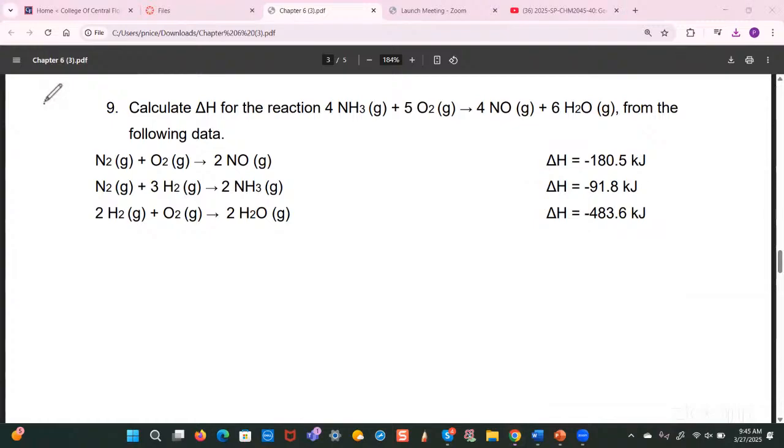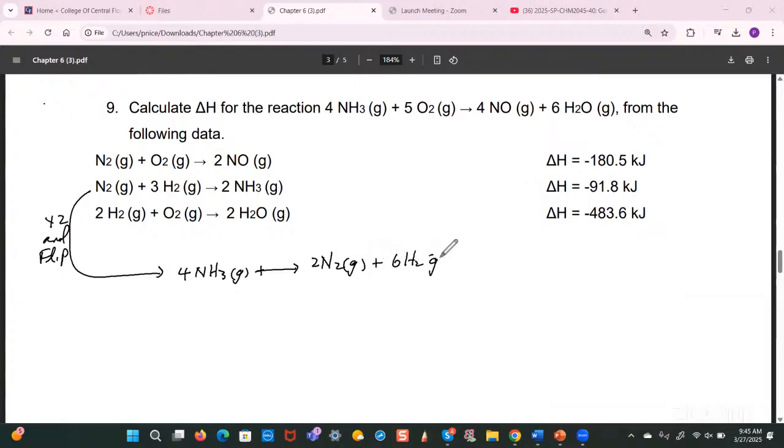Exactly. So in this case here, you're going to multiply by 2 and flip. Right? So basically, when you do that, you're going to end up with 4NH3, yes. And by the way, please remember to include the state symbols because that can make a difference. 4NH3 and then 2N2 gas and then 6H2 gas, right?